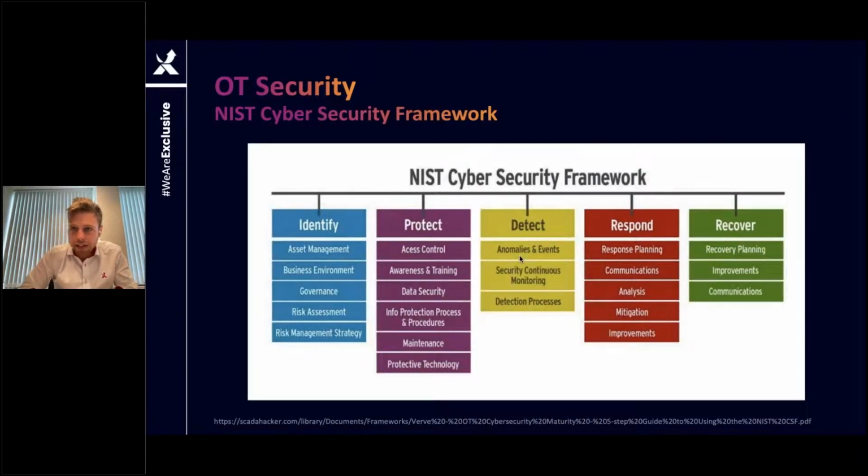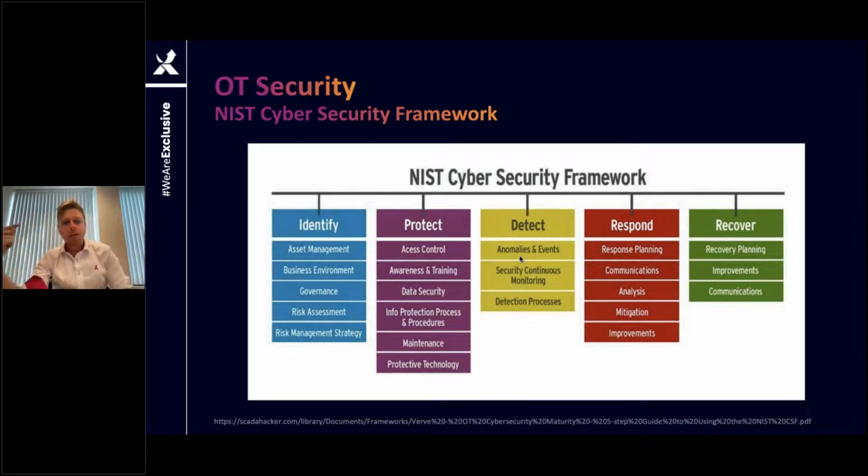So, and this is almost a wrap up. So cybersecurity, how can we defend our OT networks? Well, therefore, we can use the NIST cybersecurity framework. Basically, it's also applicable to OT networks. So first of all, you need to identify what you have. You need to know what is there.